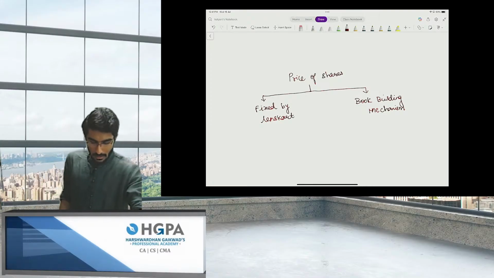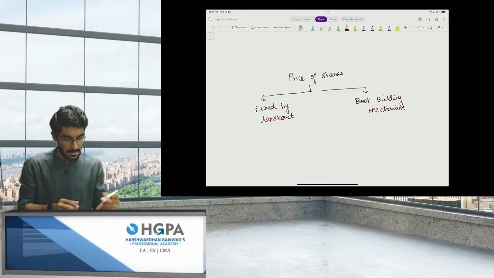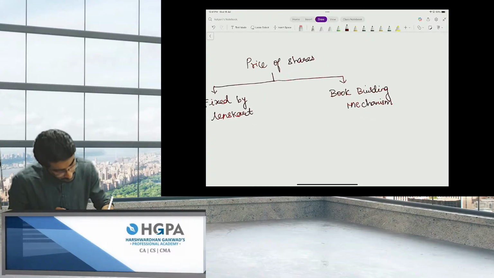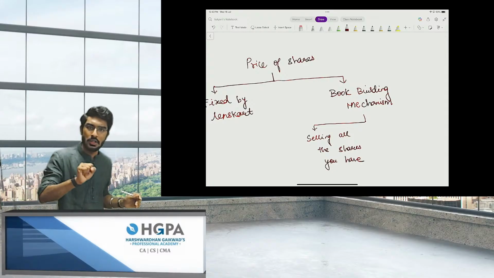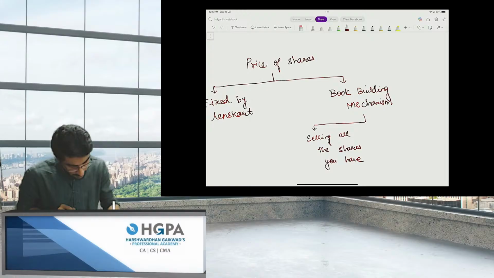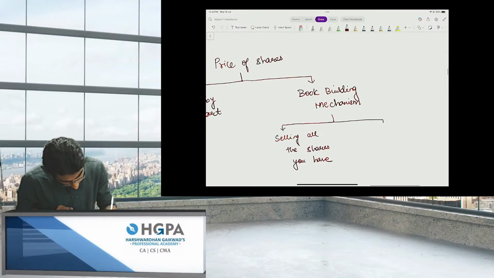Basically, people, the book building mechanism consists of two things. Number one is selling all the shares you have, plus, this is the most important, selling all the shares at maximum price.